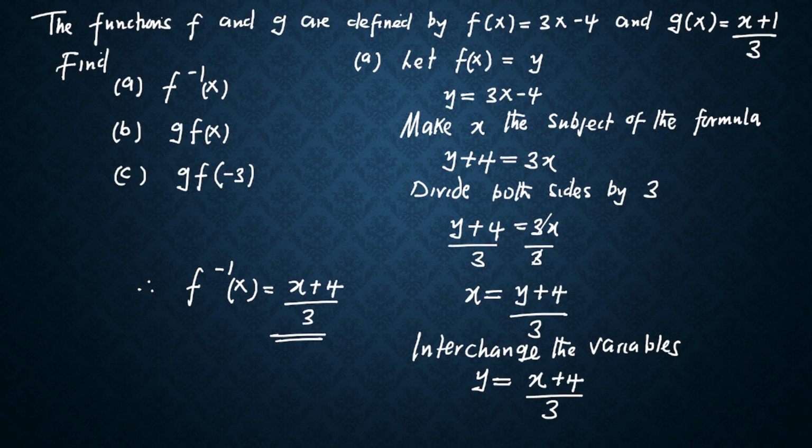B is saying find g of f. When we are given such a question, how do we work it out? The question is g of f of x. This basically tells us that we take the function for f and place it in the function for g, but where exactly?